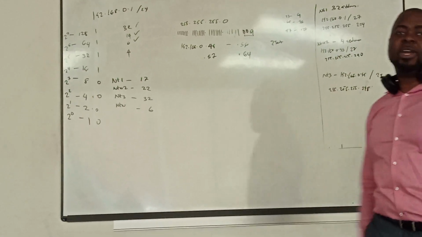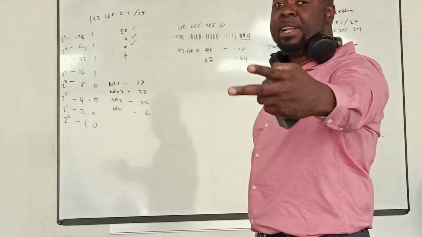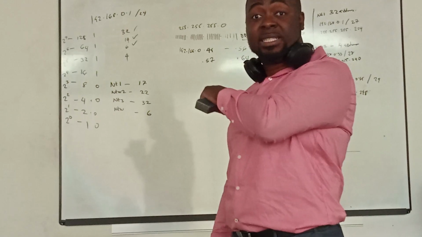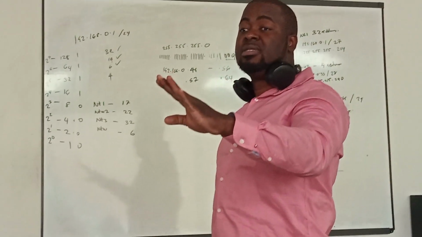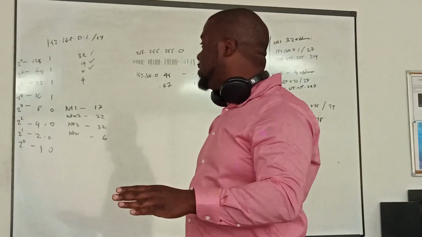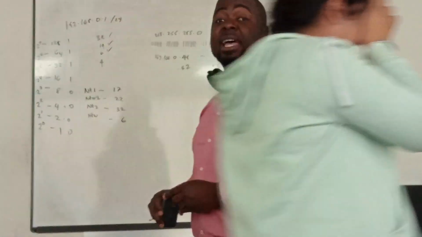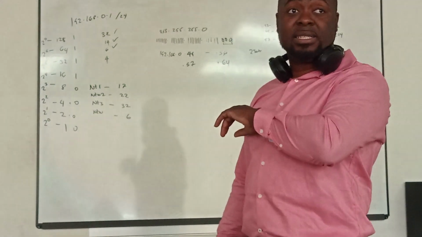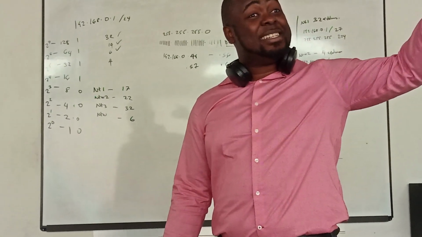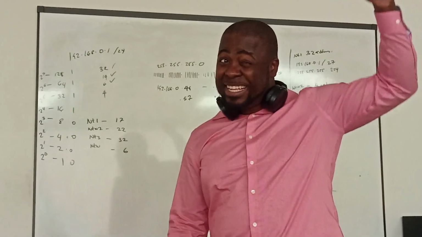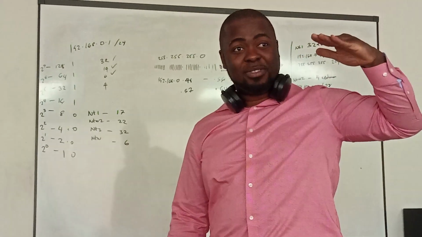The same thing, you keep on going all the way till you get to the end. So at the end of this exercise, we're going to have 6 initial subnets that we've not used.